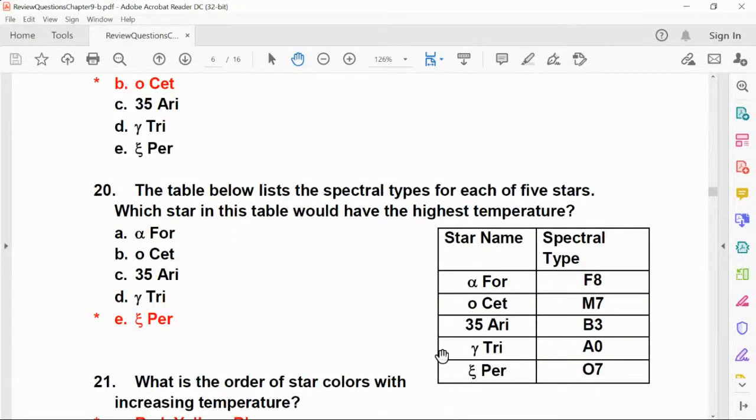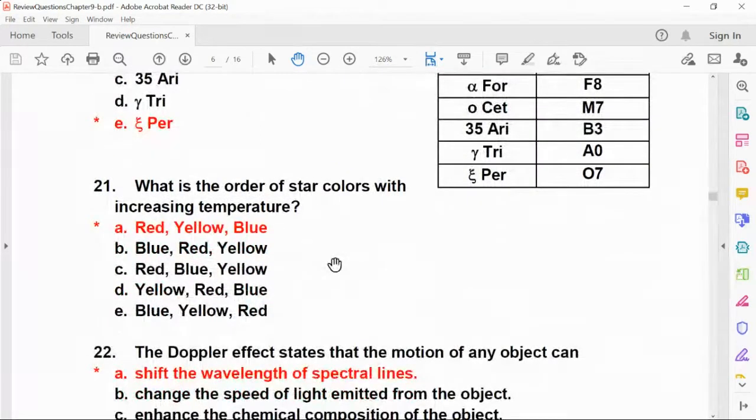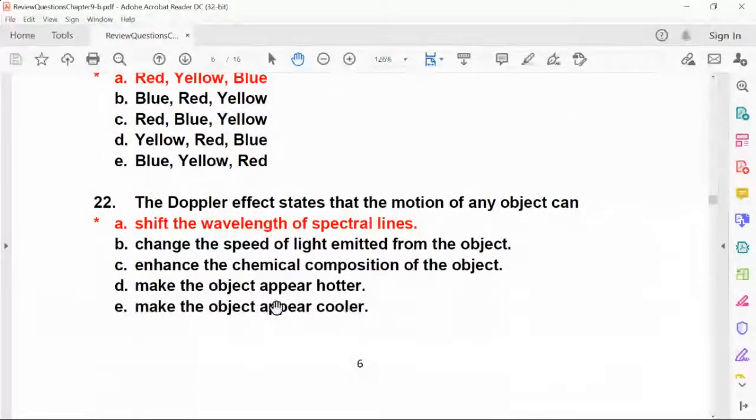You look, you have an O here, so Zeta Per is the star that basically has the hottest temperature. What is the order of star colors with increasing temperature? Red, yellow, and blue. Remember when I showed you that in the HR diagram?